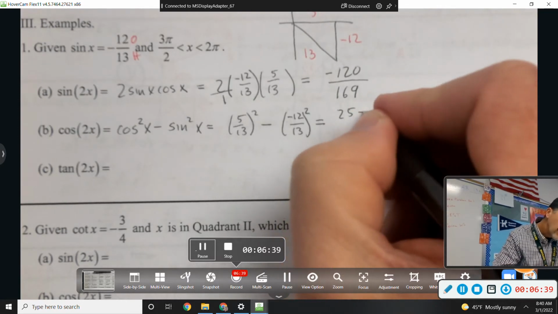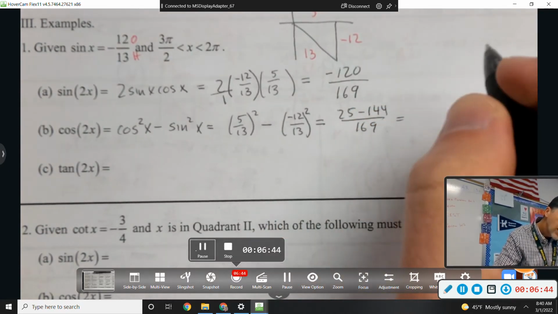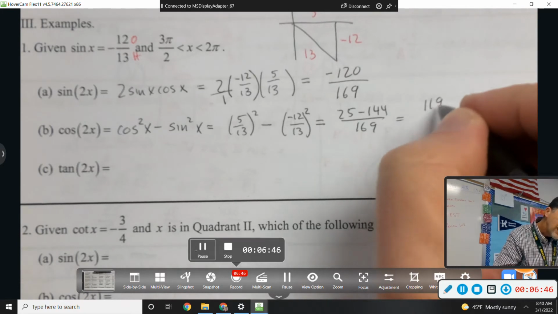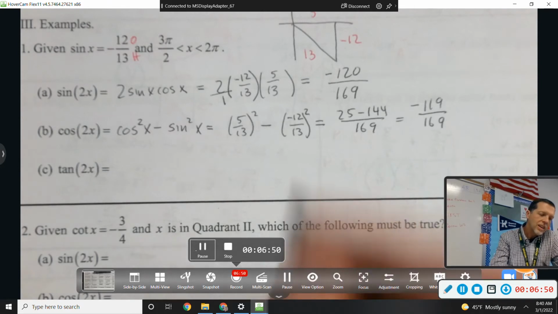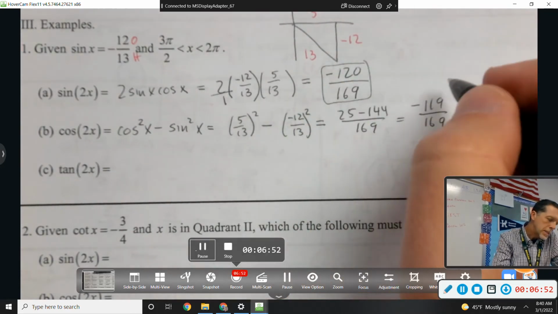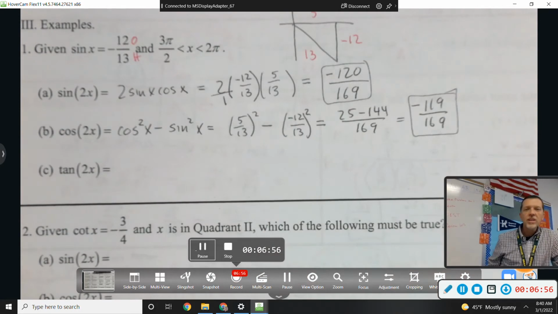So 25 minus 144 would be 119, negative 119 over 169. Should be. Yeah, but when I square it, it's positive and there's a minus.